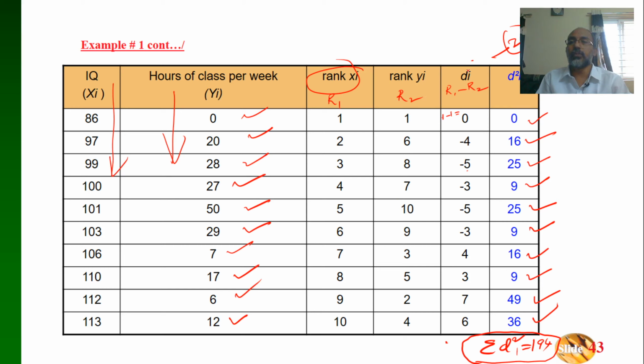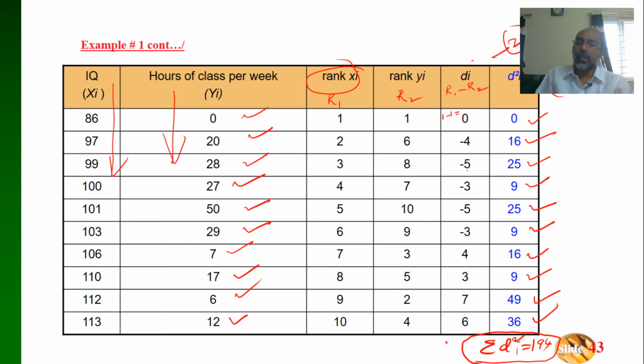Then di, the deviations taken from ranks, is r1 minus r2. Even vice versa is no problem, because the minus and plus are automatically squared off here. So d square means r1 minus r2 whole power 2. So we'll get these values.